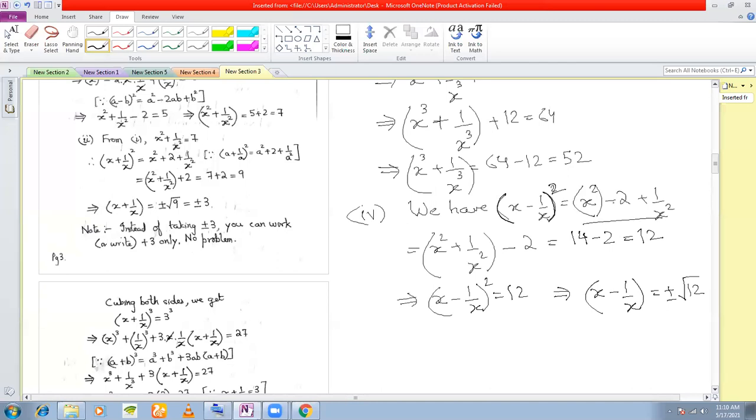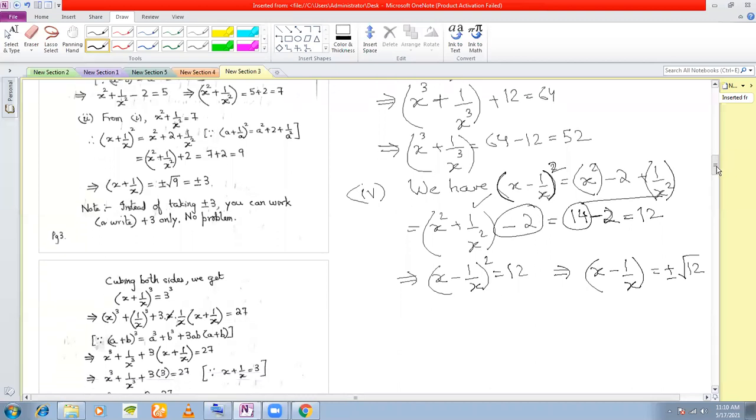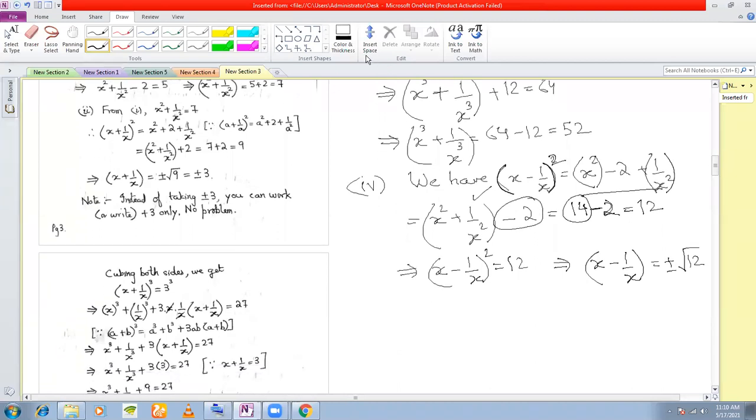We have taken x square plus 1 by x square together, and this minus 2 we have written separately. Now x square plus 1 by x square we knew. We are not taking 2 to the other side. We are simply using 2 on the same side only. That is why the sign of 2 does not change. Is it clear?